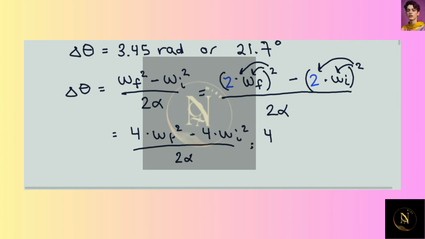We can bring out the 4. So we find that when we double the final angular velocity and double the initial angular velocity, but keep the angular acceleration constant, we increase the angular displacement by a factor of 4.